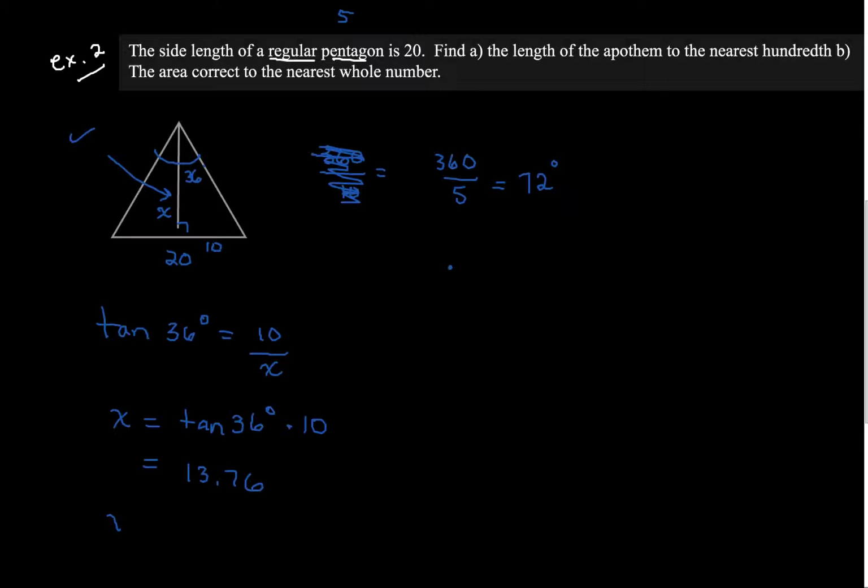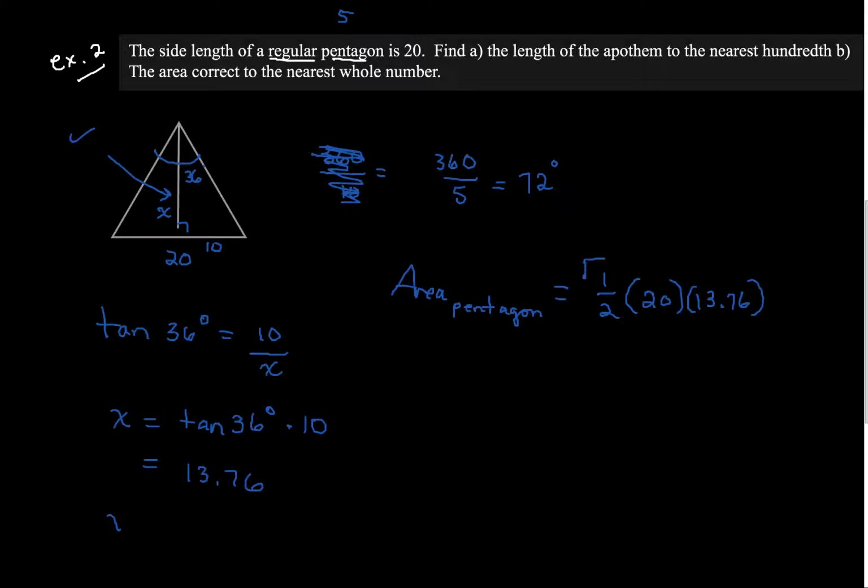Now we need to find the area of the whole thing. So the area of your pentagon, this blue is kind of gross here, is 1/2 the base of the whole triangle, which is going to be 20, times the height, which is going to be 13.76.